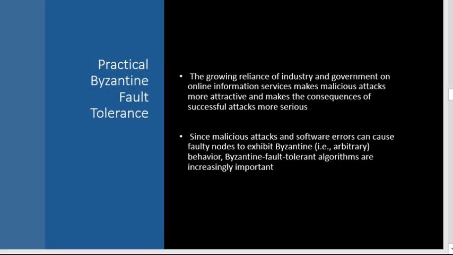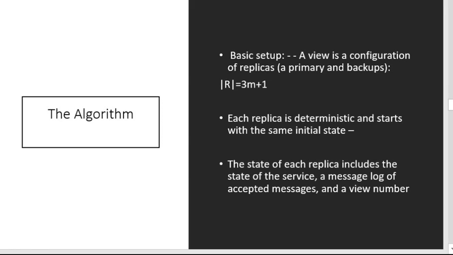Since malicious attacks and software errors can cause faulty nodes, Byzantine fault tolerant algorithms are increasingly important. Now we are going to discuss the algorithm over the next 5 to 6 slides. We will go into detail, and I will explain how it works and how it finds the traitors or loyal generals.